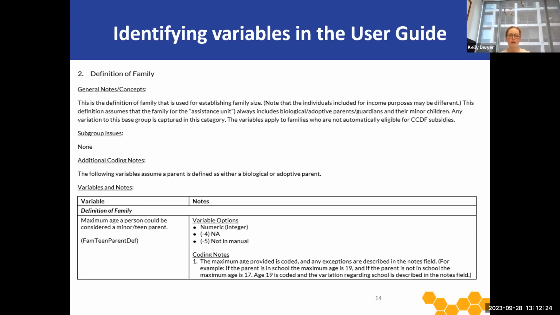Alternatively, if you are specifically interested in eligibility policies for families with teen parents, you could do a keyword search using the PDF search function of the term teen parent, and it would return the policy variables that define policies such as how teen parents are treated when defining the family unit and whether or not teen parents are given priority for subsidies when funds are limited.